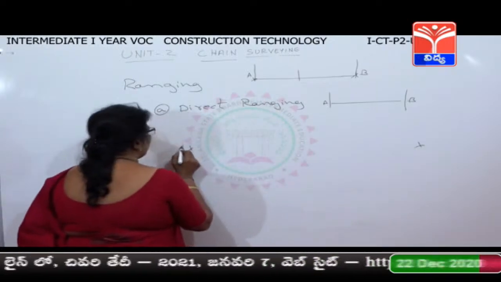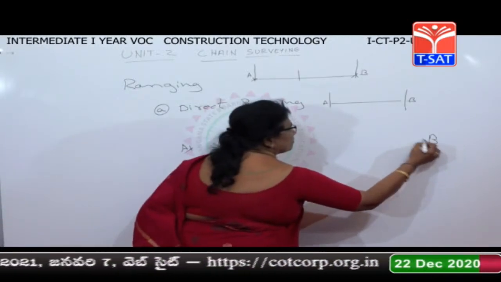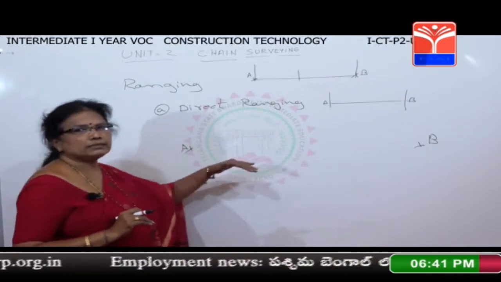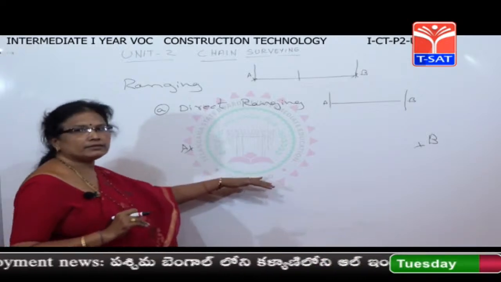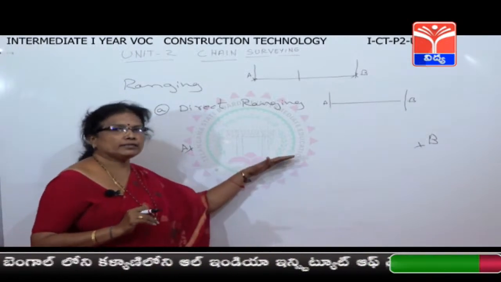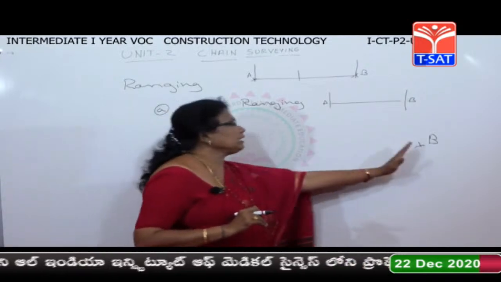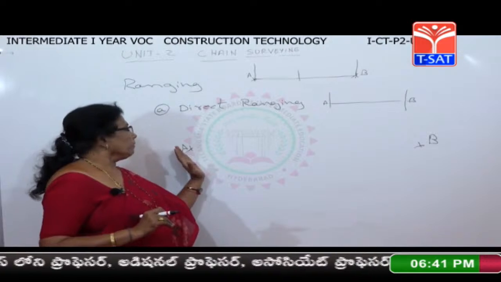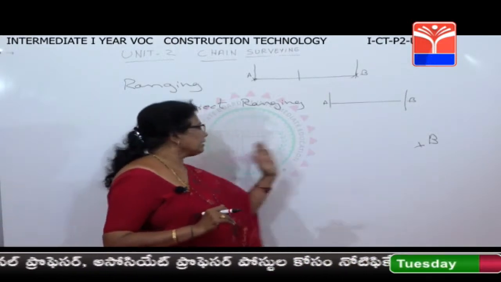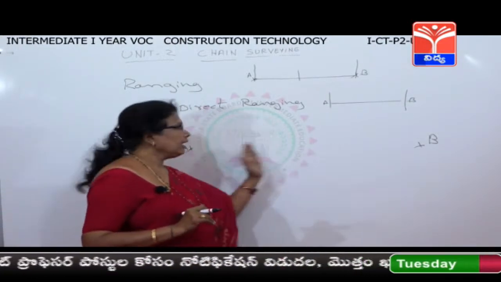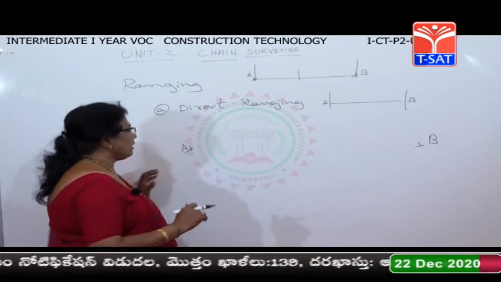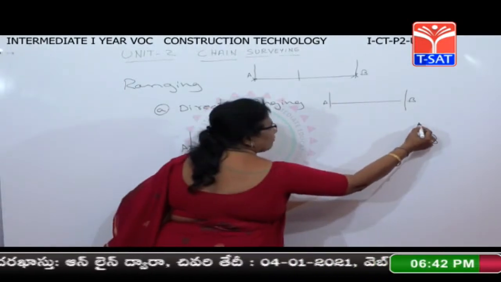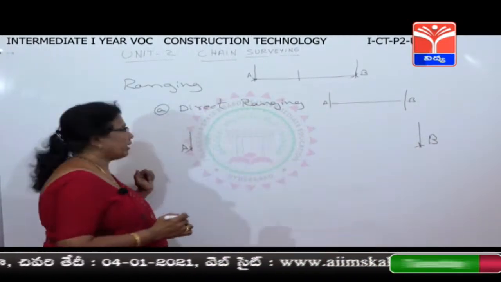This is A and B, the two main stations between which we need to measure the distances. Before measuring the distances, we need to bring these two points in a straight line. When it is a little far, you place one ranging rod here and one ranging rod at the end point.